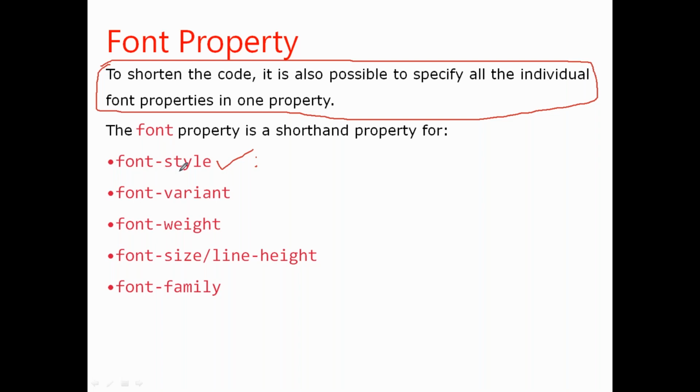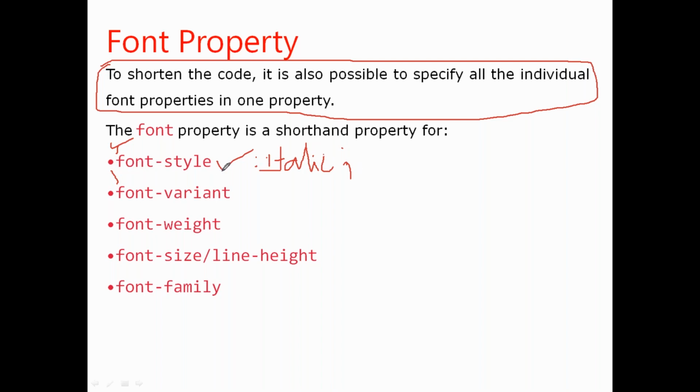If you want to apply anything to the fonts, first you write the tag name, open and close. Then font style colon italic, then a semicolon. Like this you can write the font style.